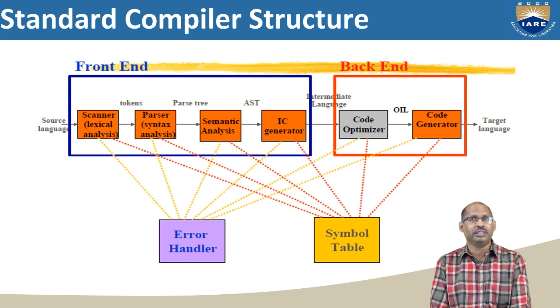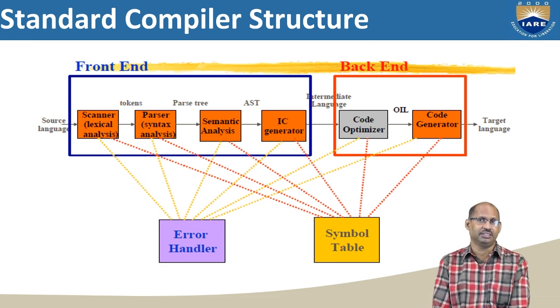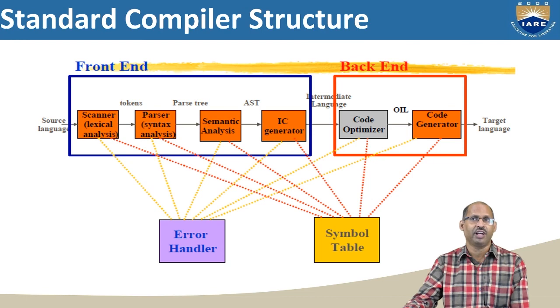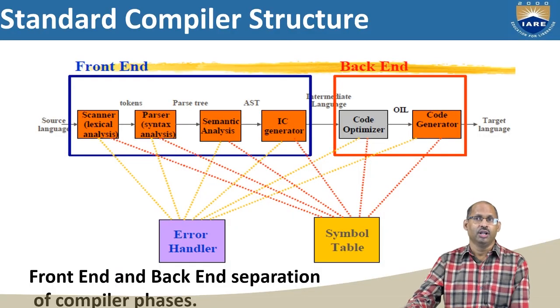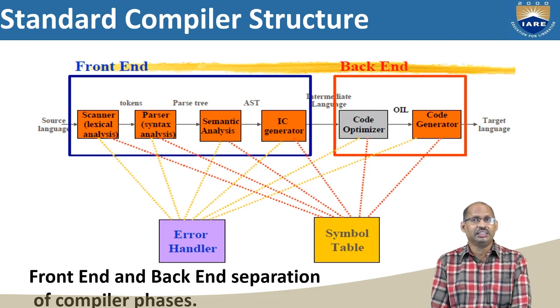So it connects the front end and back end. By grouping these phases as front end and back end, we have multiple advantages, right? That we have already seen. So this is the concept of front end and back end of the compiler.